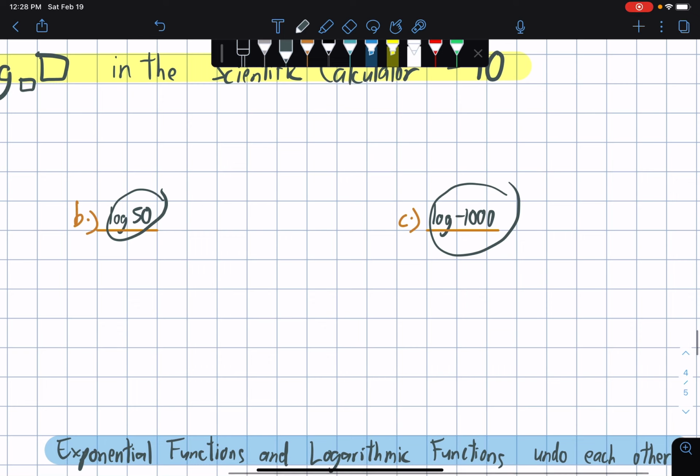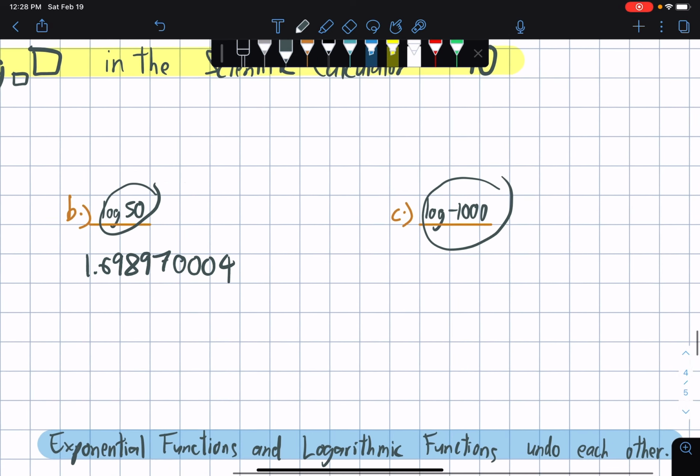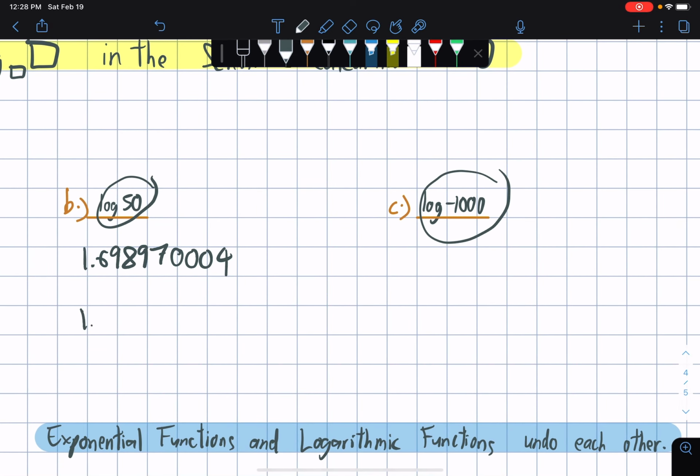Now for letter B, log 50, our answer is 1.69897, 3 zeros and 4. Now, depending on what your teacher says, you have to follow him or her when it comes to rounding off a decimal answer. As for my teacher, this is the final answer. Oops, sorry. It's rounded off to 3 significant figures.